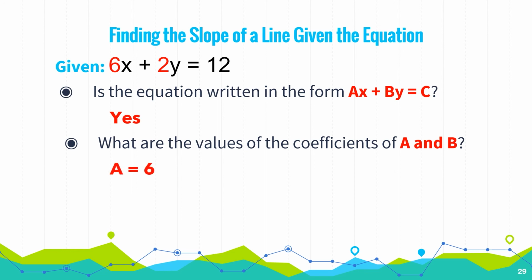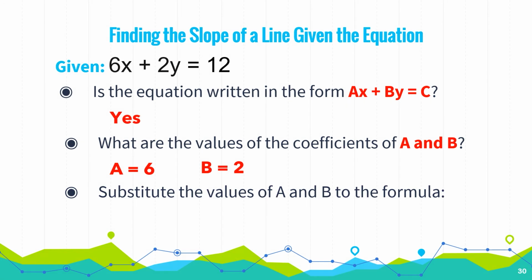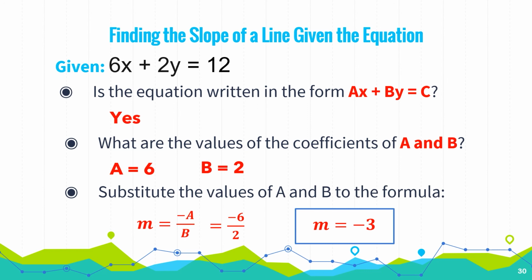The value of a is 6 and the value of b is 2. Substitute the values of a and b to the formula negative a over b. So we have negative 6 over 2. Negative 6 divided by 2 is equal to negative 3. Therefore, the slope is negative 3.